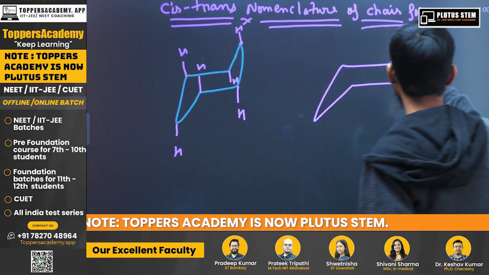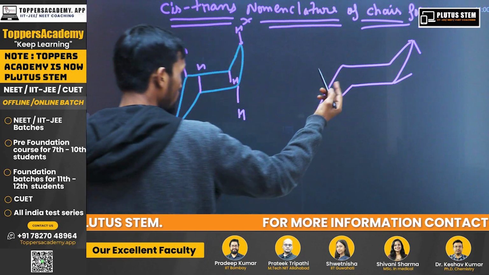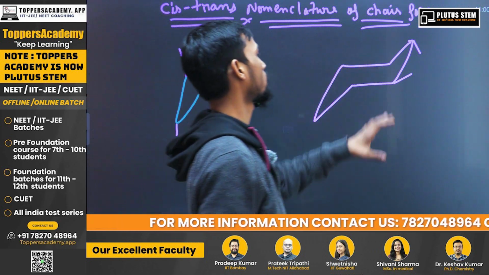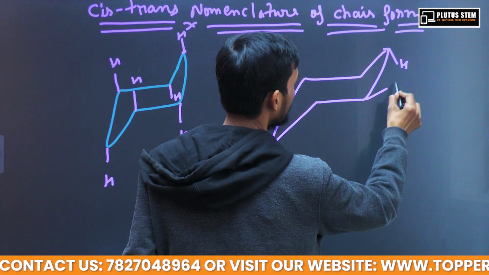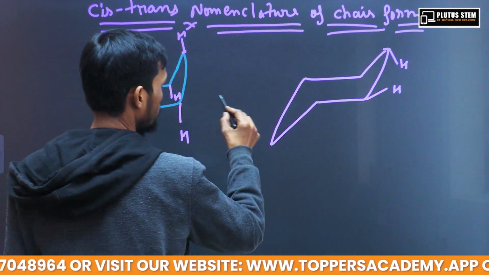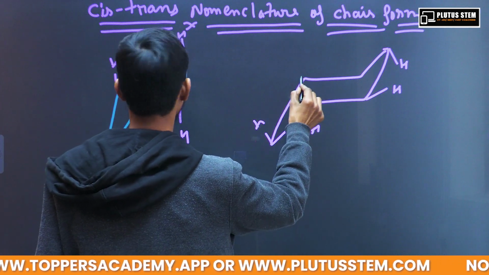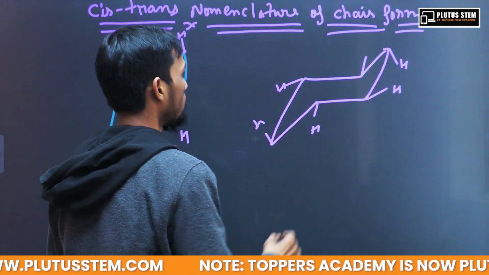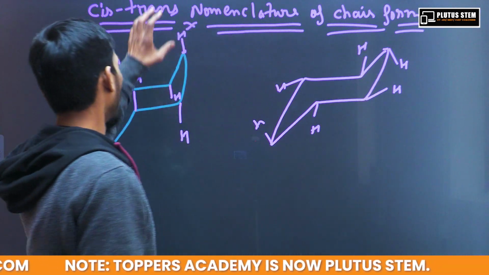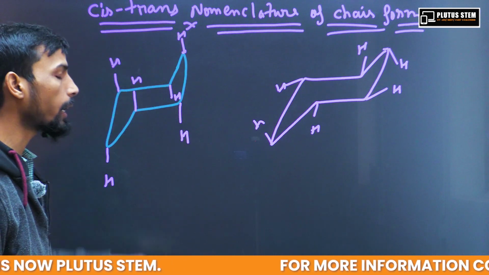So hydrogen upside, so below side, this hydrogen below side axial position. That's why at equatorial position we are going to have hydrogen at a below side. So one thing you would have seen over here is that axial position upside, then downside, then upside, then downside, alternate position.